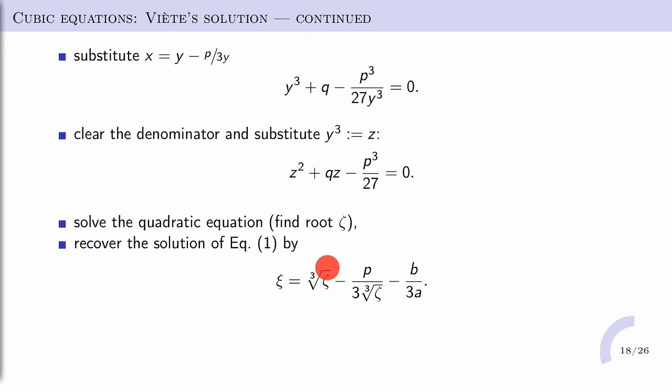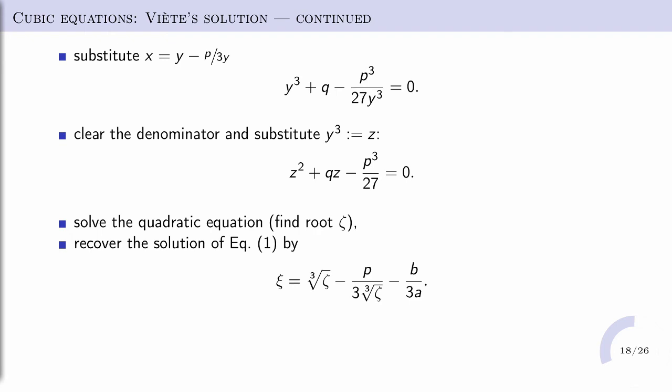Now we replace it here. We compute x, and so on. Finally, the solution xi, the solution in x, is of this form, this expression. So this is Viète's method to solve the cubic equation.